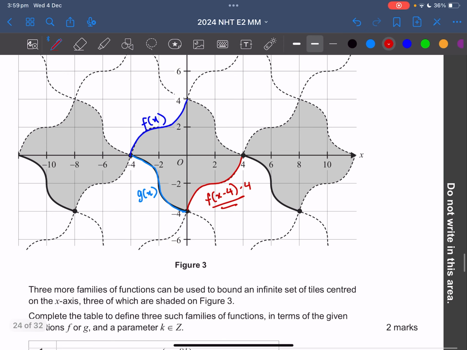Okay, so now we have the remaining one, which is just this one over here. For this I'm going to use the g function, because if I want g of x to become this, how do I go about that? Well, we first move 4 units to the right, and then 4 units up. So this green graph basically is g of x minus 4 plus 4.